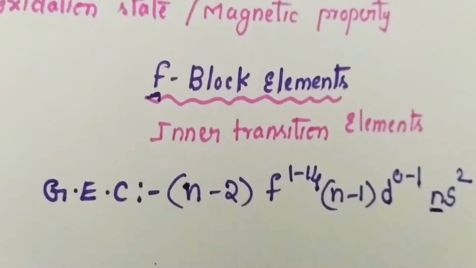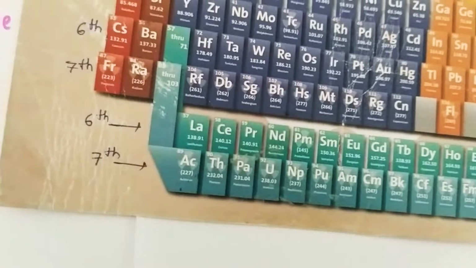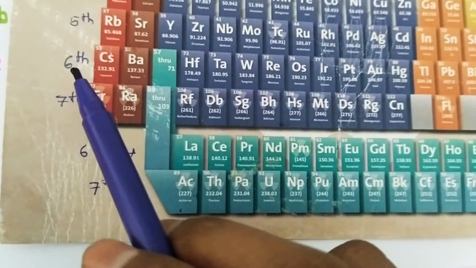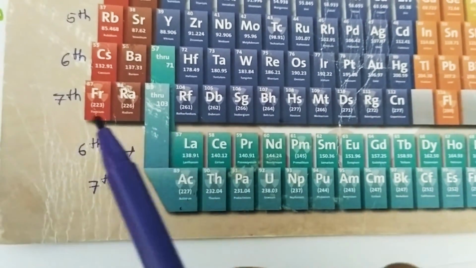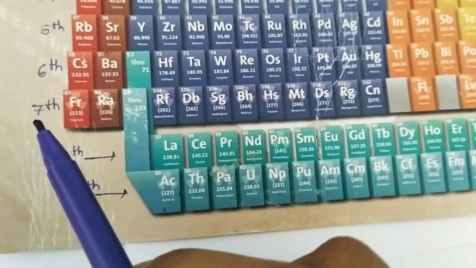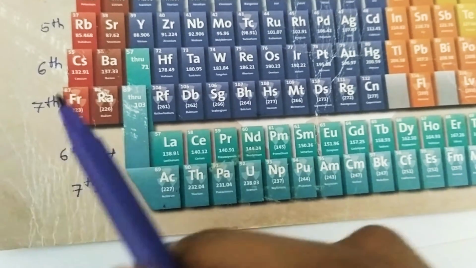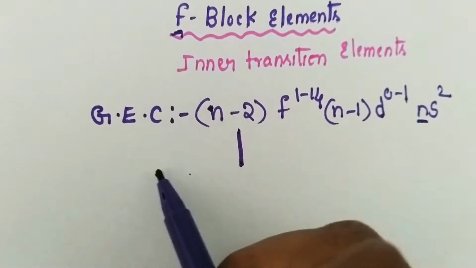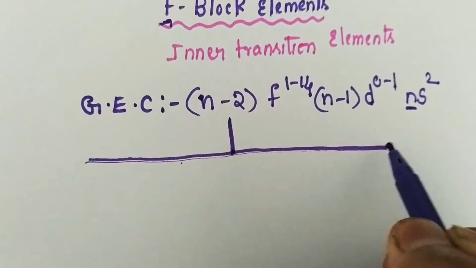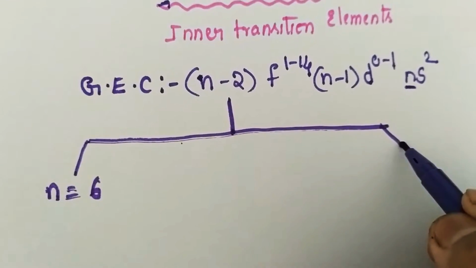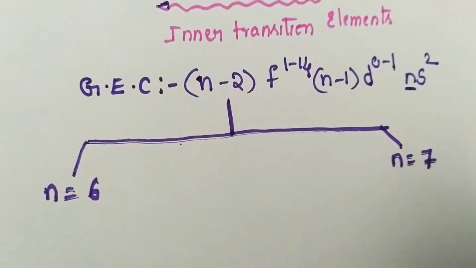For example, lanthanides correspond to the 6th period, so we substitute n as 6, and actinides correspond to the 7th period, so the principal quantum number is 7.